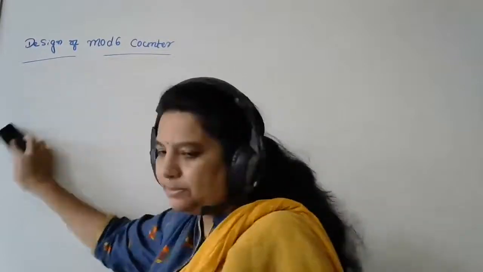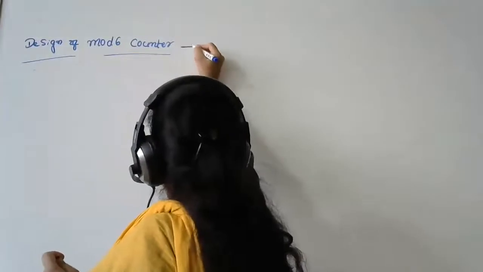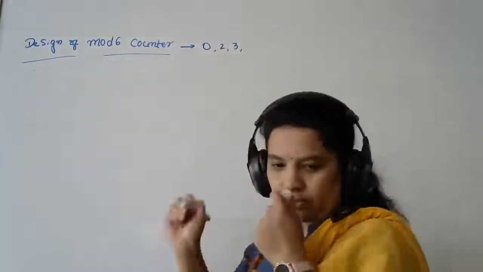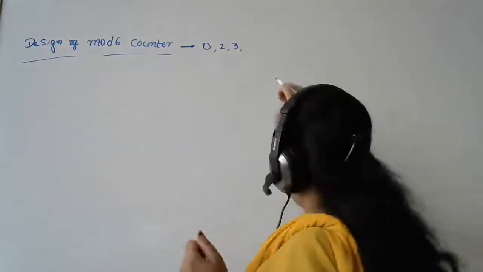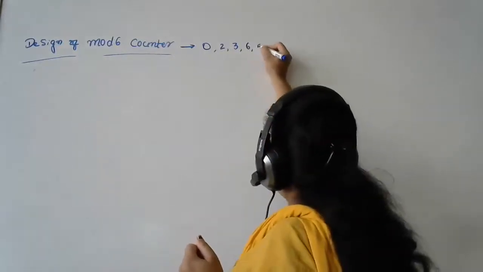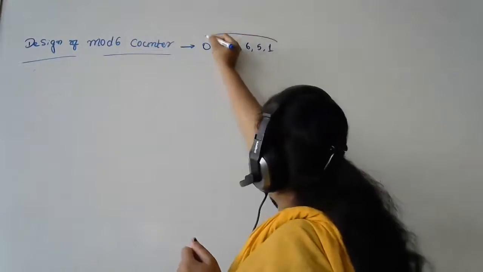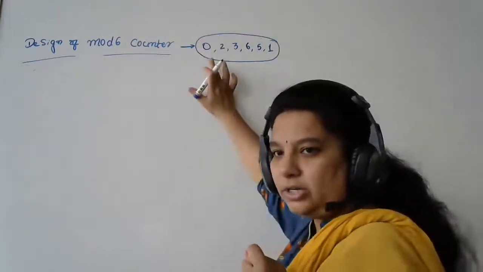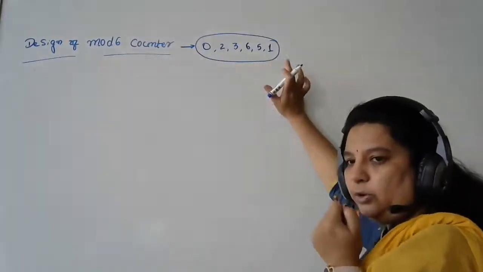And this mod 6 counter is giving me a sequence 0, 2, 3, 6, 5 and 1. Okay, so what's the counting sequence I want now? See, my sequence is not sequential. It's not 0, 1, 2, 3, 4, 5.